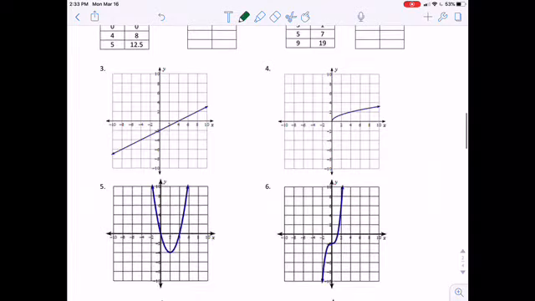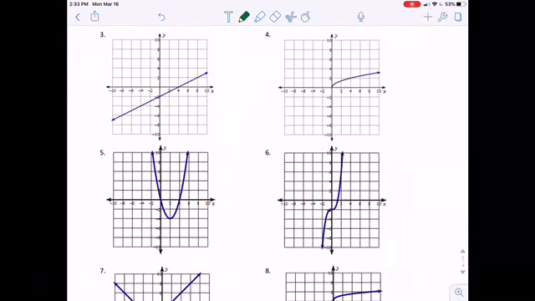On numbers 3 through 8, you're going to be finding the inverse based on the graph. Now, if you have a mirror or even your phone, you can place that mirror or phone along the line y equals x and see what the graph should look like when you draw it. But to actually get the graph, I like to use some points. So here on number 4, I'm going to start with this point 0, 0.